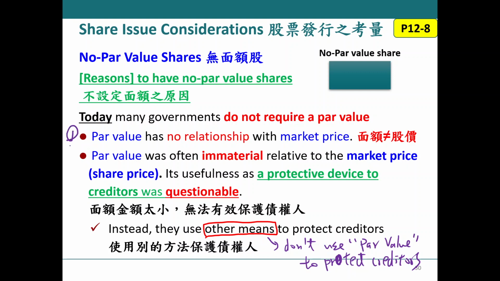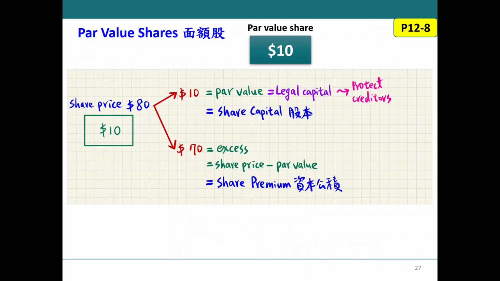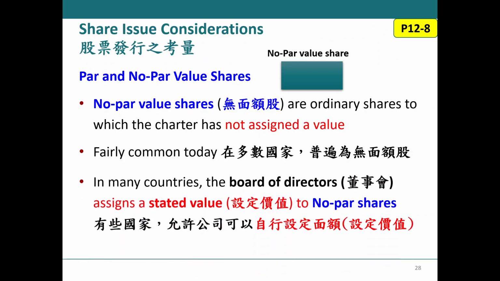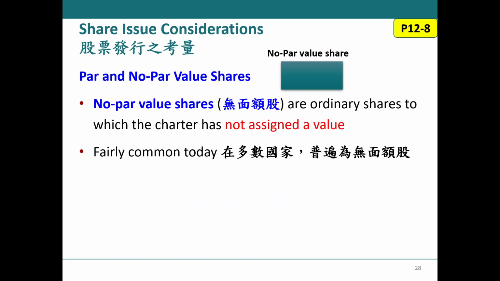So this is the first reason. This is the second reason. Like Apple company, for example, let's go back to slide 28. More companies prefer no par value.